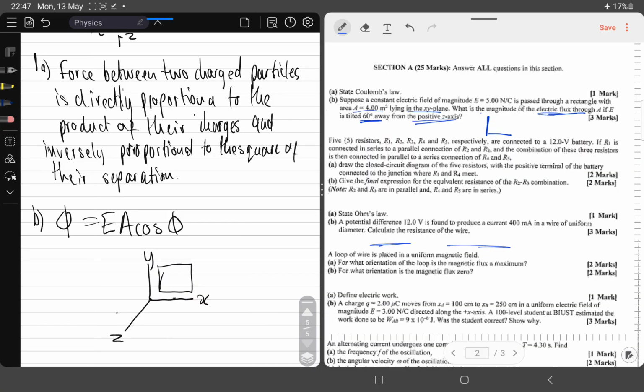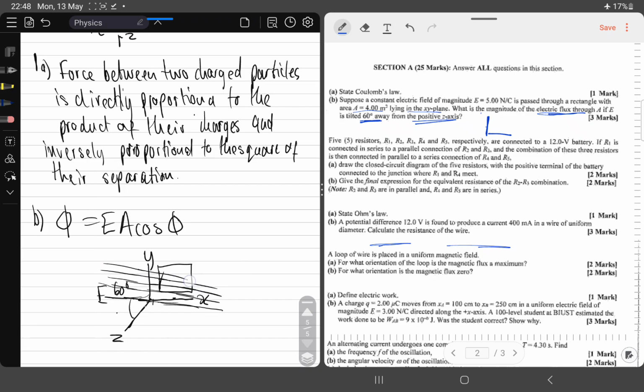And what is the magnitude if E is 60 degrees away from the positive Z? So E is going to be here, going 60 degrees away. Shall I say it is up from the Z? This is 60 degrees. So that is your E. My E is going down like that, coming slanted into the surface.